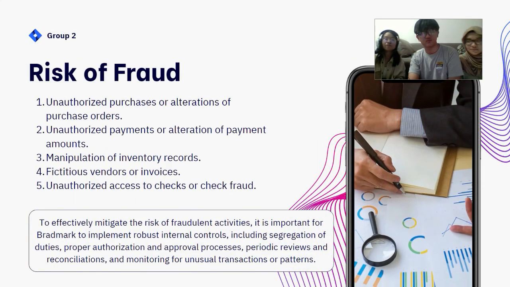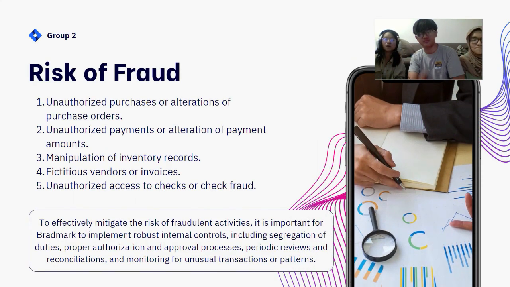Okay, so we have actually analyzed several risks of fraud. The first one is unauthorized purchases or alterations of purchase orders. Second is unauthorized payments or alteration of payment amounts. Third is manipulation of inventory records, followed by fictitious vendors or invoices, and the last one is unauthorized access to checks or check fraud.